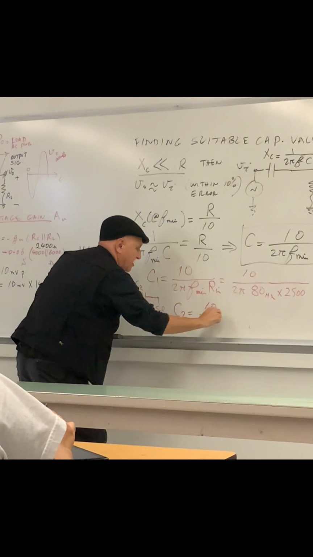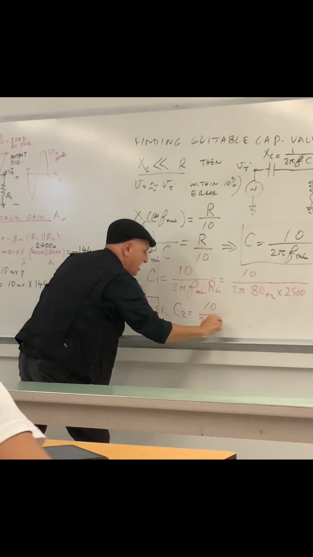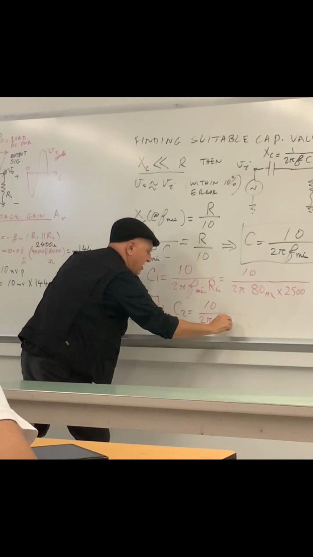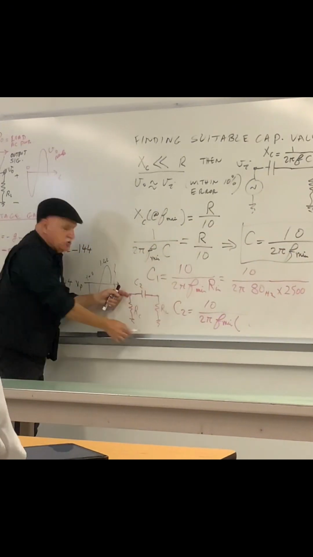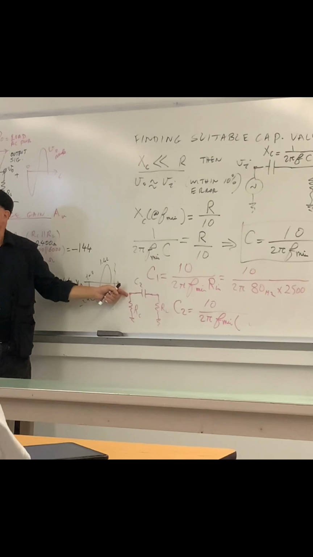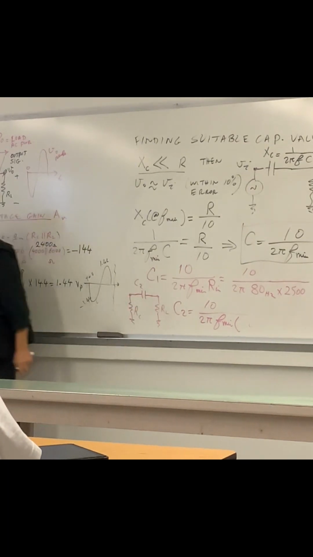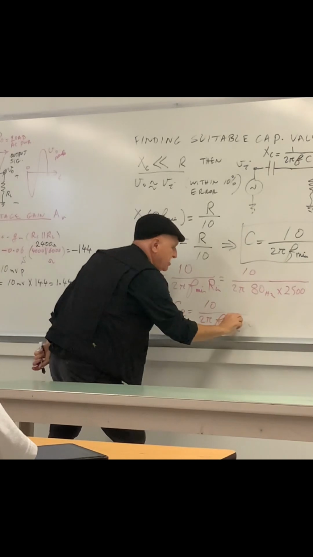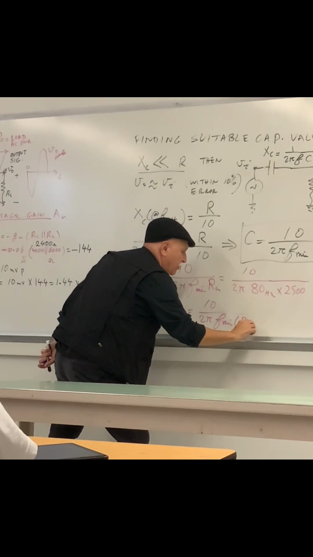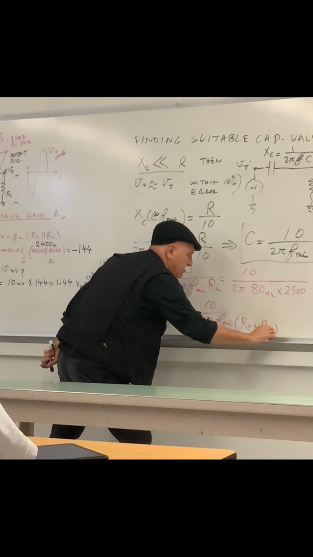10, 2 pi, F min times total resistance. Do you see RL and RC are in series? Very, very clearly here, C2 is sitting in series with this one. So here you are, RC parallel RL.